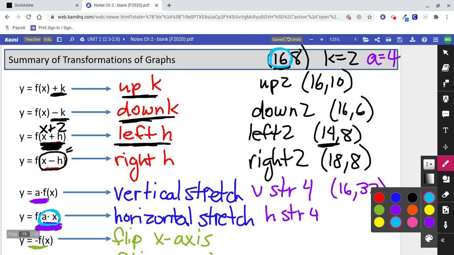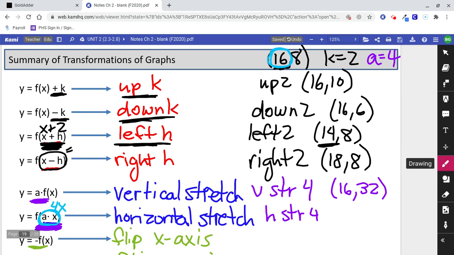Now a was 4, so basically you have 4x inside there, and 4x has to equal 16. So if 4x has to equal 16, then x must equal what? 4. And so this point would be 4, 8.